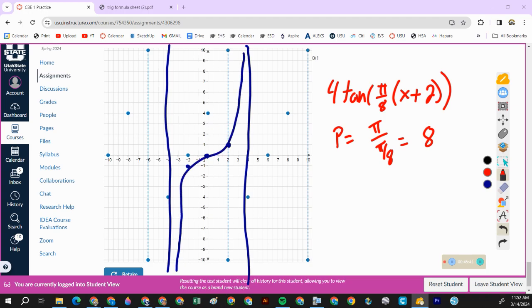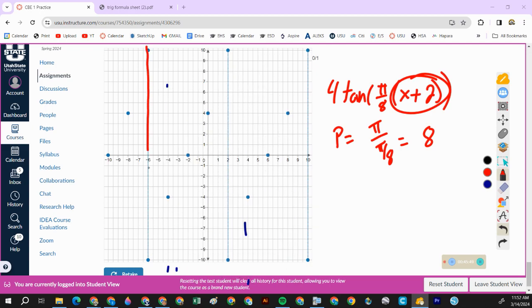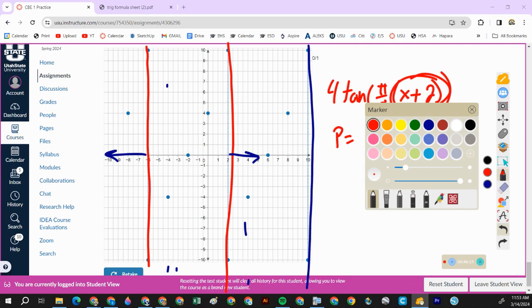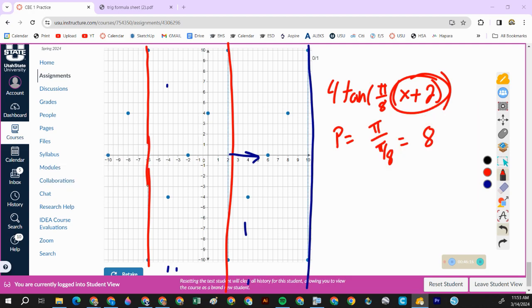But this is telling me to shift to the left 2. So I get this intercept and this intercept. And if I count 8 this way, I run out of room. But if I count 8 that way, I need to put another vertical asymptote. My x-intercepts will be halfway in between my asymptotes, and that's a distance of 4.